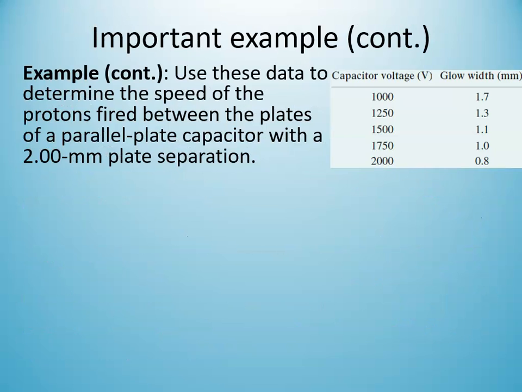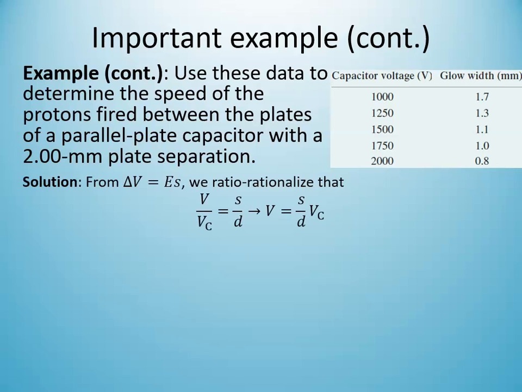Let's see how. The idea is to use these data, as you have varied the capacitor voltage to change the glow width, to figure out the speed at which these protons are entering between the plates.